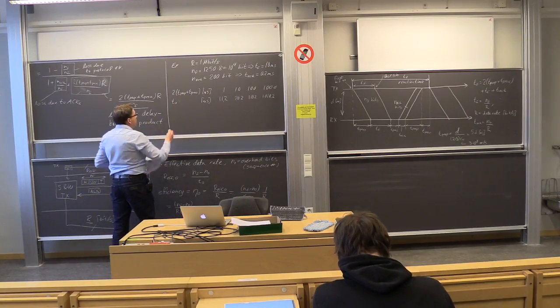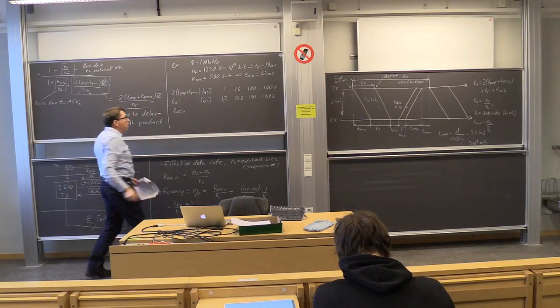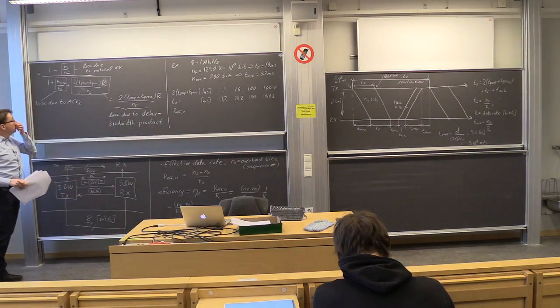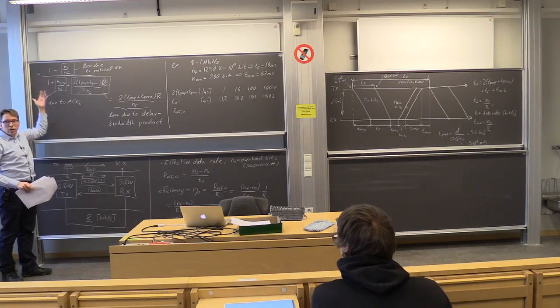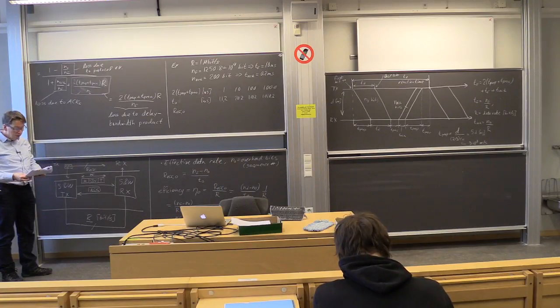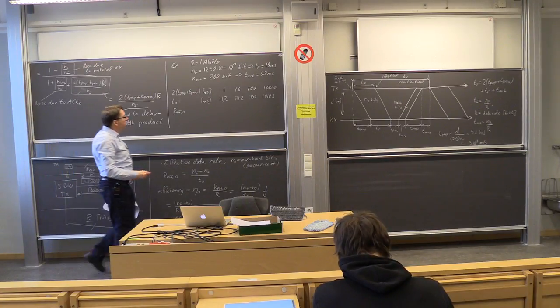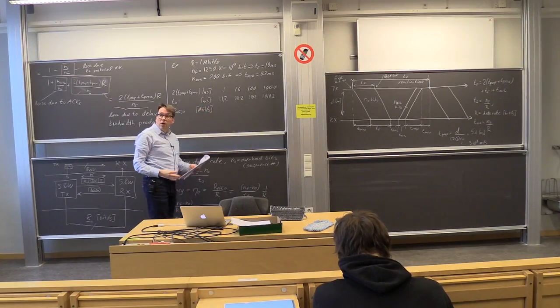Now let's calculate the effective data rate that we get here, which is just taking the efficiency and multiplying with 1 megabit per second. You just have to trust me on this one. I will just write down the numbers.